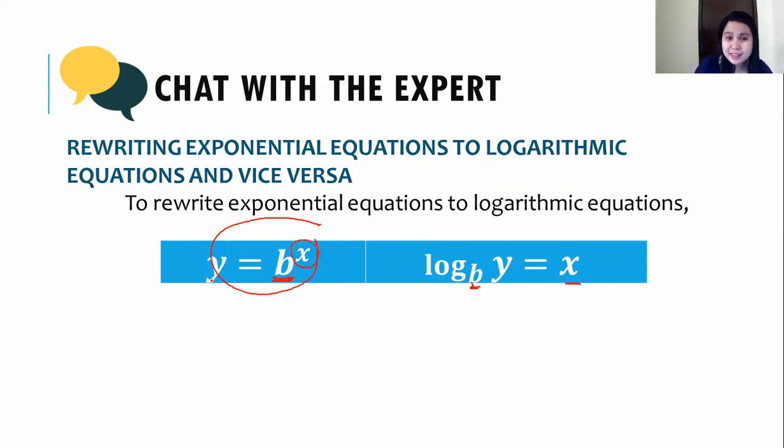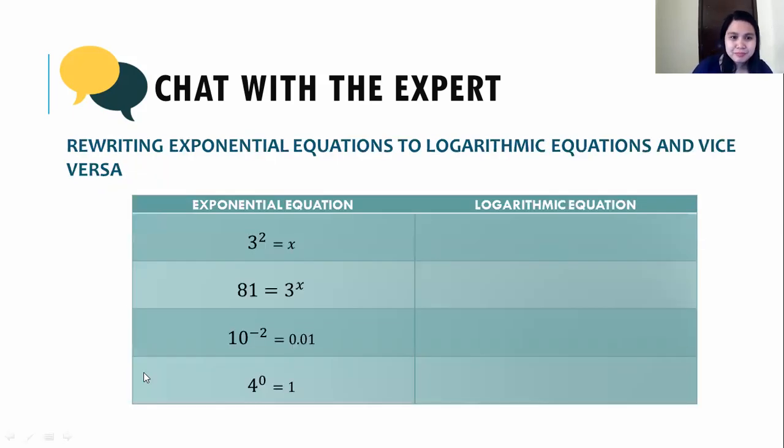And the answer in the exponential equation is your anti-logarithm. Let's have an example. Let's start by writing log. What's the base? 3. That's the base. What's the answer? x equals the exponent, 2.